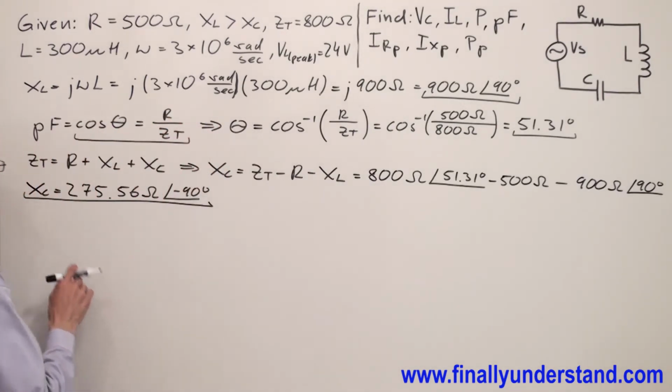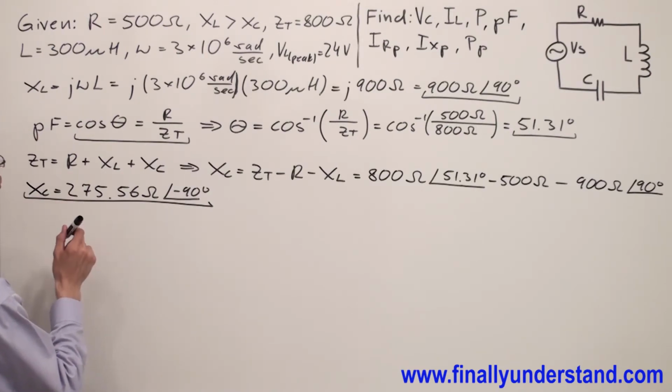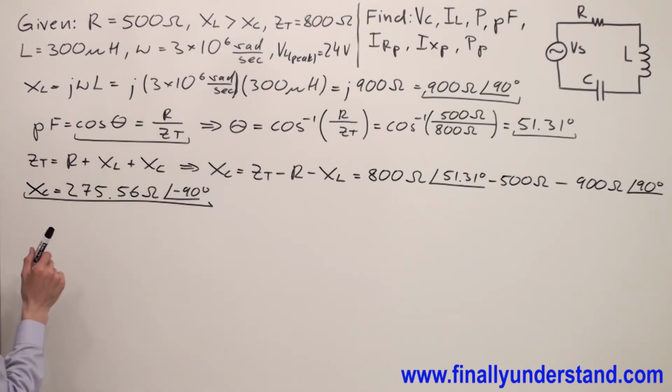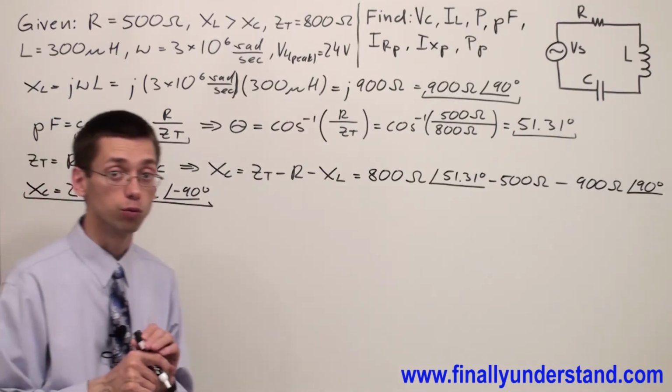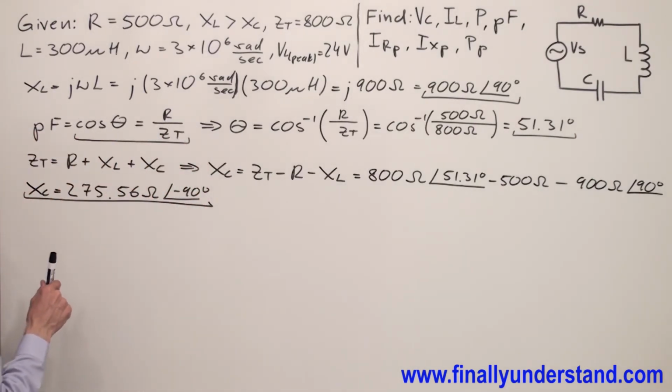So if I have capacitive reactance in my circuit, I can simply say that I'm almost ready to find voltage across the capacitor. But please notice that we can use, in this case, voltage divider, or we can use Ohm's law. What I'm going to use? I'm going to use Ohm's law.